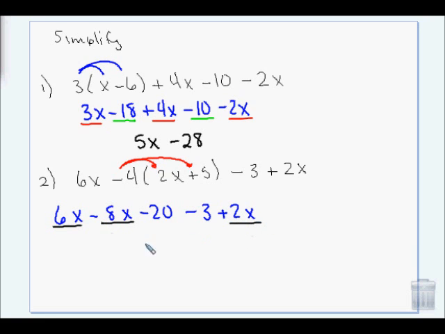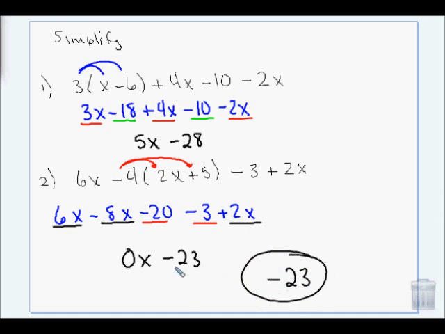These match, so 6 minus 8 is negative 2x, plus 2x gives me no x's. And negative 20 minus 3 gives me negative 23, so really this is just negative 23, right? Because no x's means no x's.